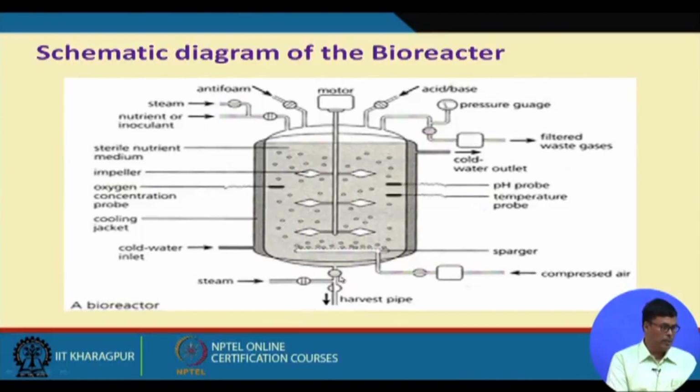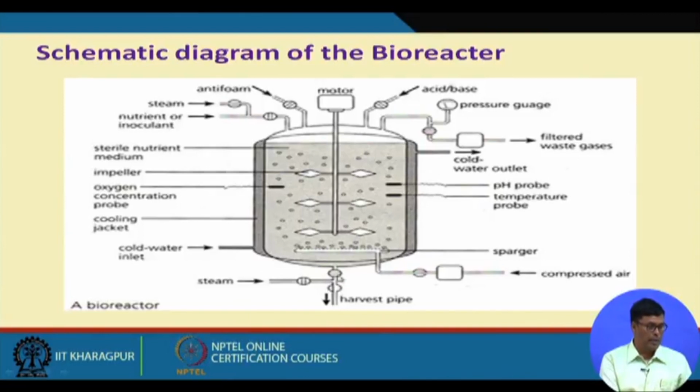Then harvesting is very much required, because after the fermentation is over, you have to take out the media. How can we take out the media? What we do is, we have aeration, and we close this outlet valve. If you close this outlet valve, then what will happen? There will be air pressure here. With this air pressure, it will drag the liquid through this valve.